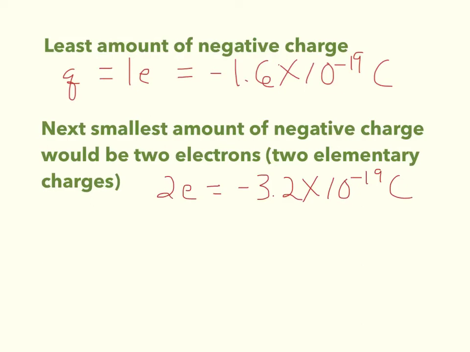I can't have anything in between these two charges; this is the next least amount of negative charge I can have. So what would be the next least amount of negative charge? Well, that would be three elementary charges, which would be negative 1.6 times 10 to the negative 19 times 3, which would be negative 4.8 times 10 to the negative 19 coulombs of charge.